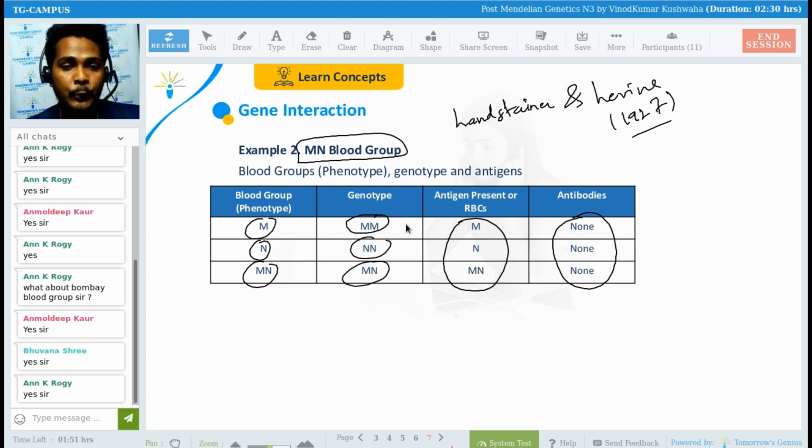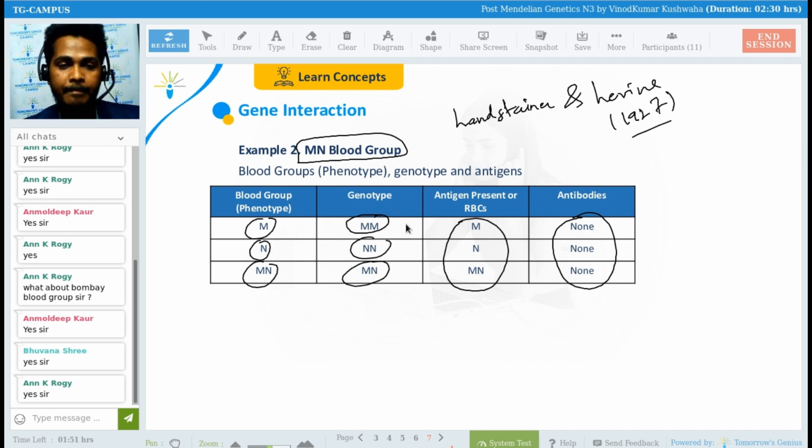These types of blood groups are generally used there. So basically it is also codominance, but it is not generally used otherwise. It is generally used for forensic sciences, for investigation purposes. Clear? So yes, this is about the MN type of blood grouping.